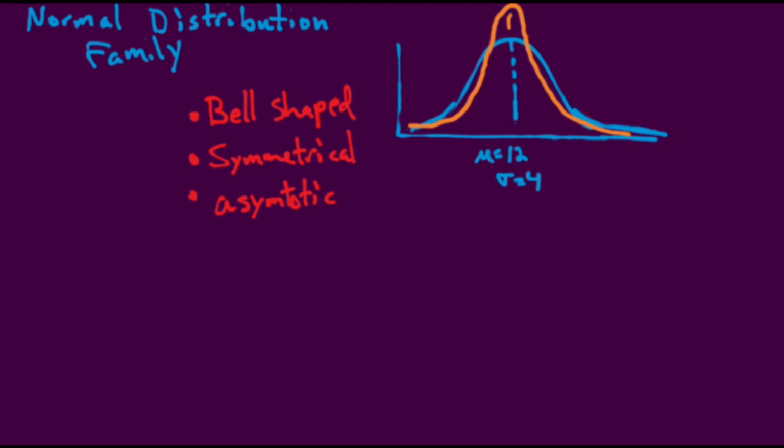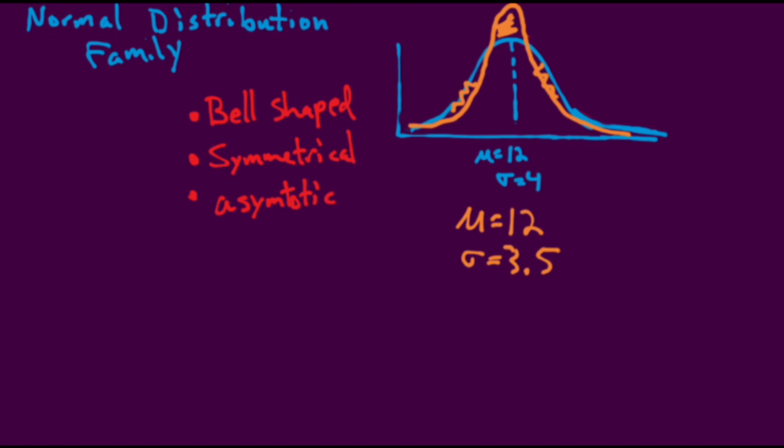This also has a mean of 12, and maybe it has a standard deviation of 3.5. It's a little tighter standard deviation. It gets thinner and taller. Again, the area under the orange curve also has to be 100%, just as it was with blue. So as you scrunch it, it's going to grow taller, so that the area up here makes up for the loss of the area on the outside. That's one way to think about it.